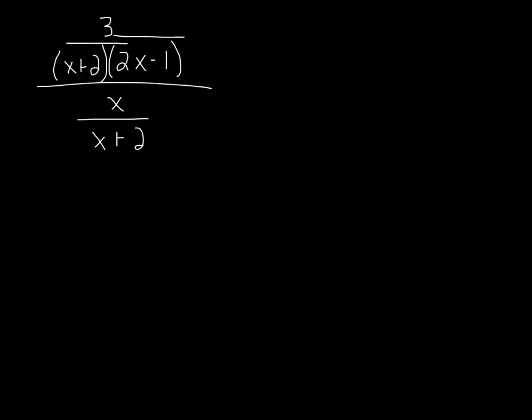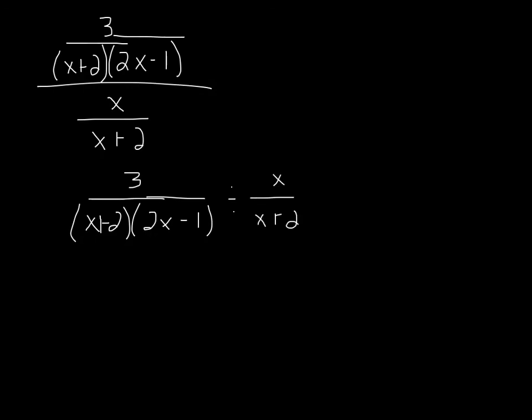If you can find that, then it'd be easy to flip. So here we're going to do this. 3 over x plus 2 times 2x minus 1, and then we're going to rewrite this as x over x plus 2.